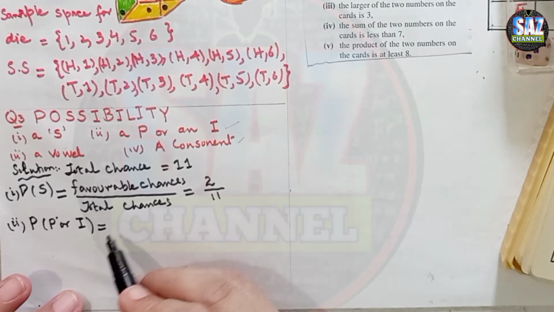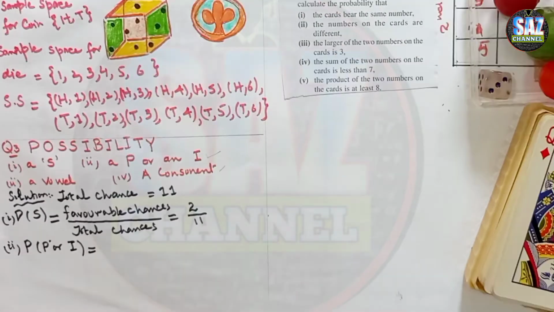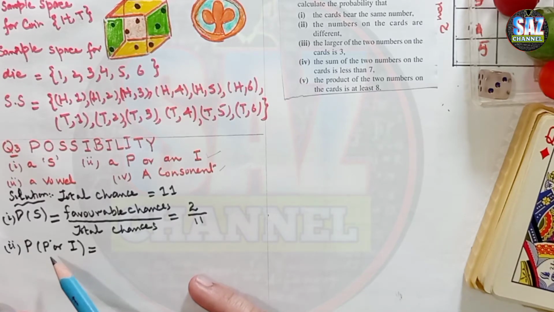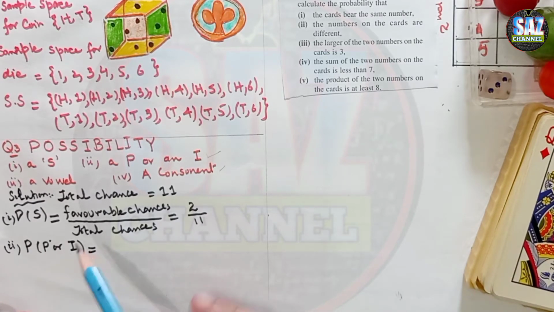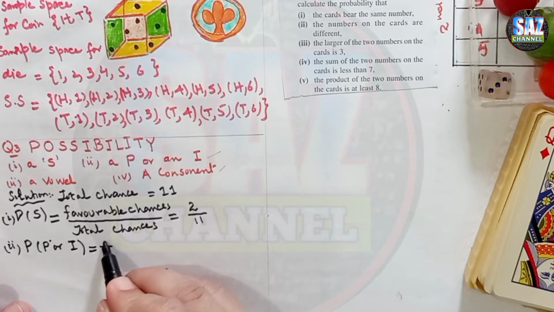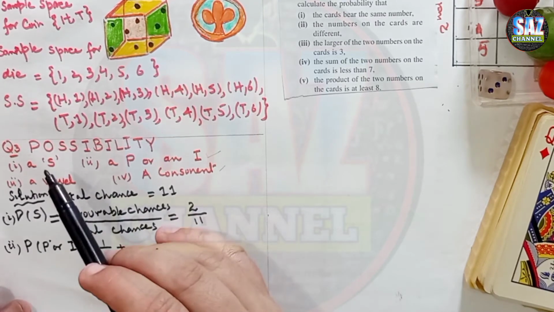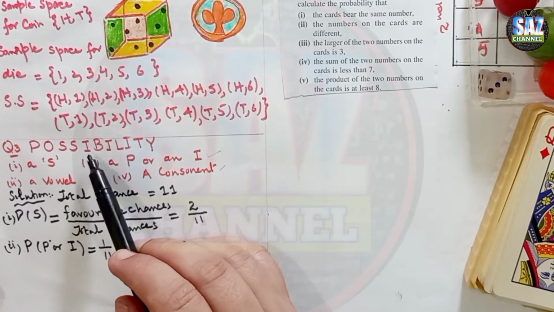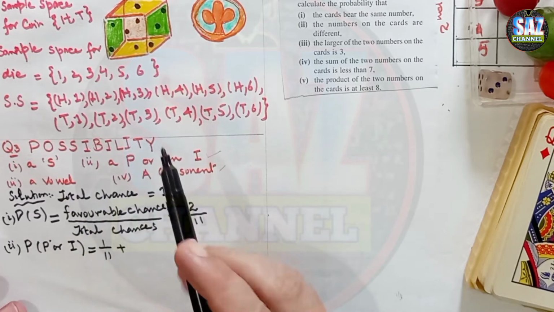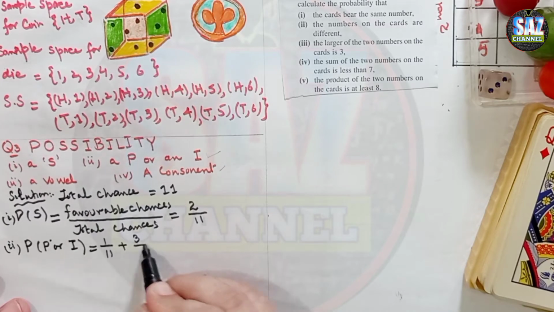First of all, students, you have to see how many times P is coming. Out of 11 letters, P is coming 1 time, so the chances for P are 1 over 11. And then I: chances for I are 1, 2 and 3, so 3 by 11.